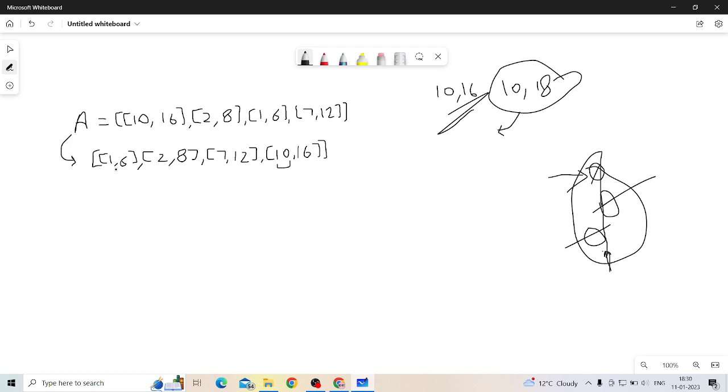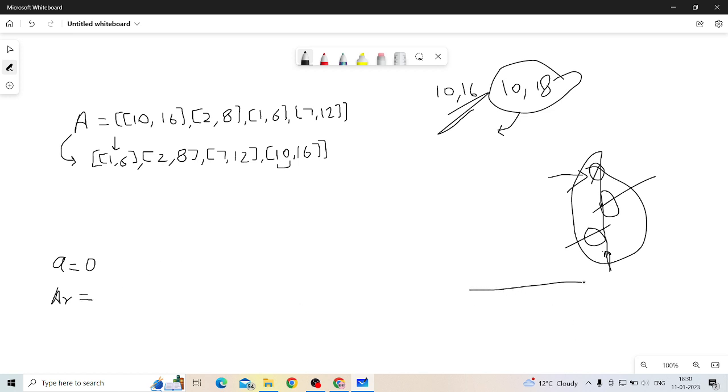If we are at index 0, we will increase our answer to 1. First the answer is 0, and we will take one variable, arrow, in which we will store the coordinate of the x-axis.